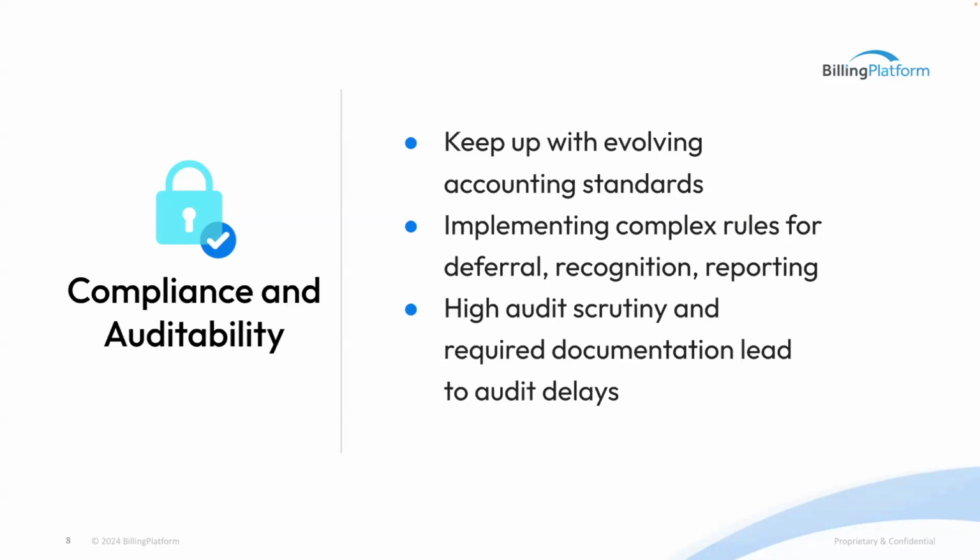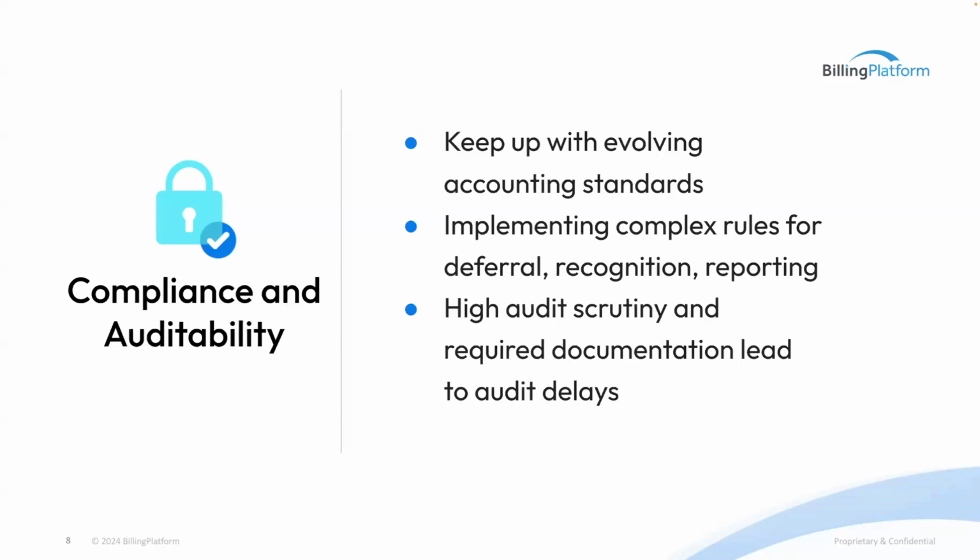So all these accounting teams need to stay up with evolving accounting standards. They need to implement complex rules to adhere to those standards, right? From an accounting perspective, making sure their financial statements are complete and accurate. And that includes things like deferring things properly, accruing, recognizing revenue in the right amounts at the right times, using the right business segments, and then reporting on that information to compile the financial statements.